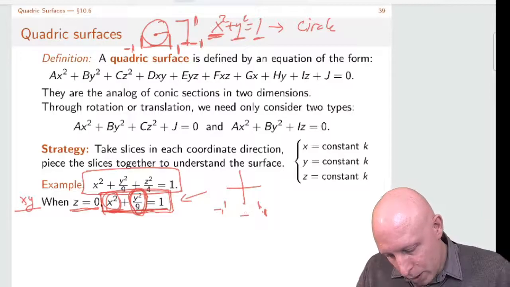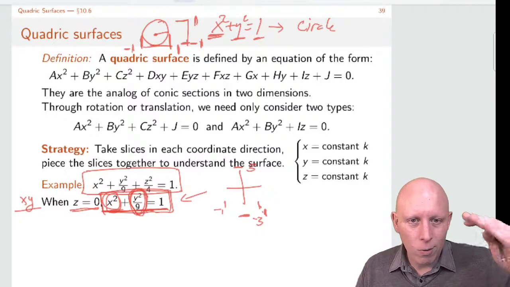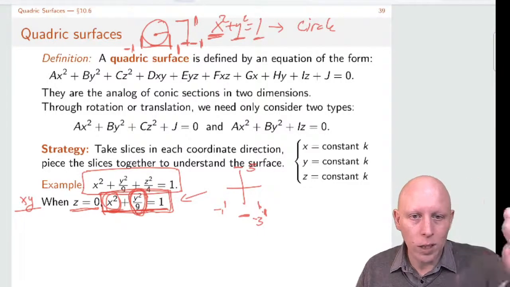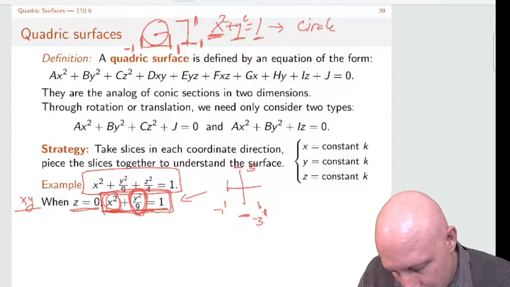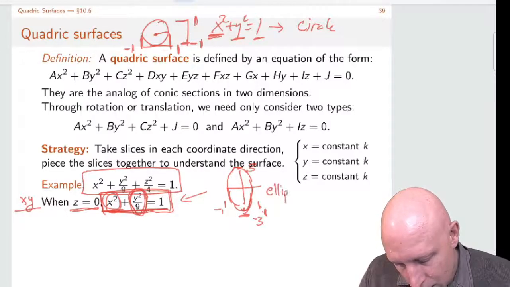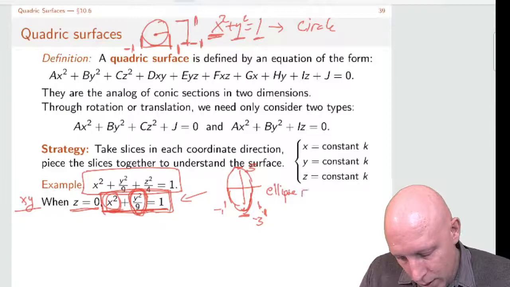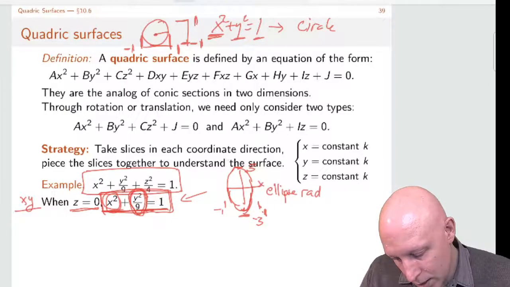We can have a picture here where this is -3, this is 3. And if y is in that range, then y squared over 9 is less than or equal to 1. So instead of a circle, this is going to give us an ellipse, where this is our x, this is our y.